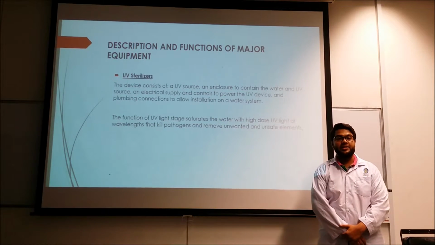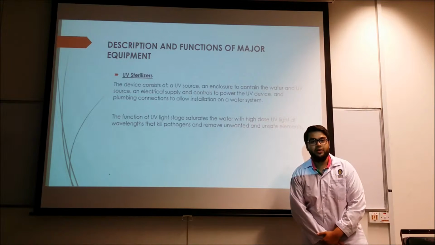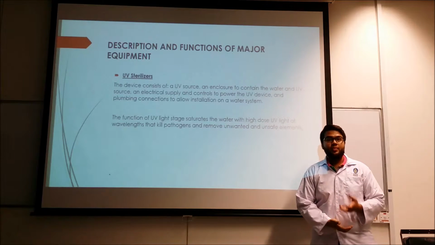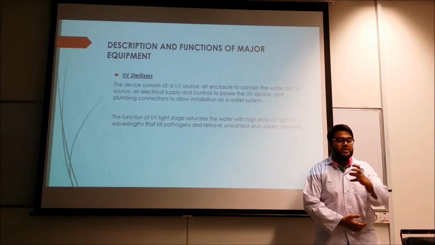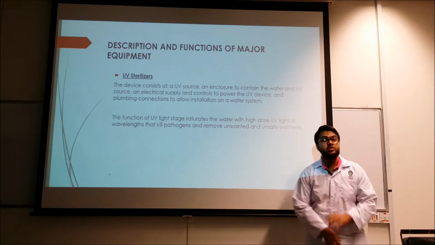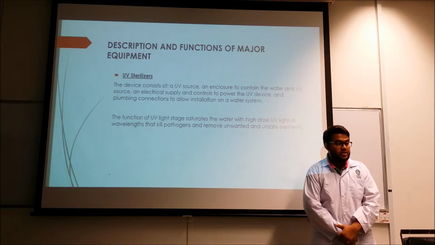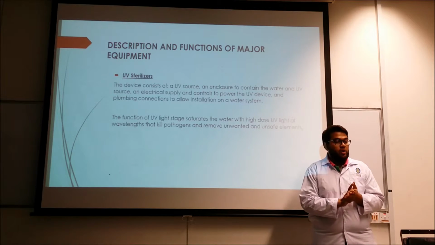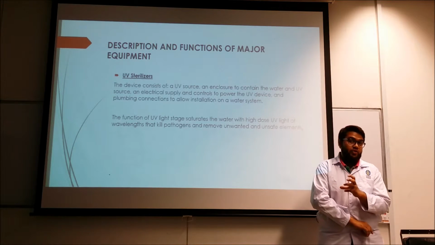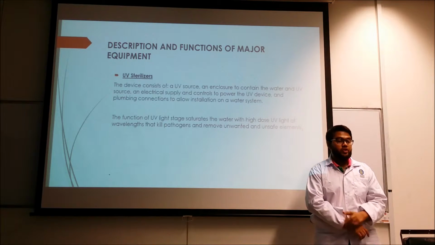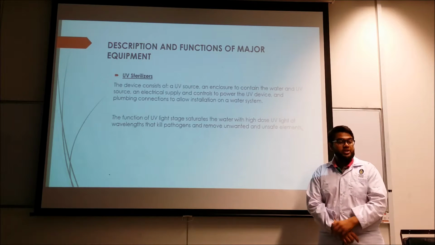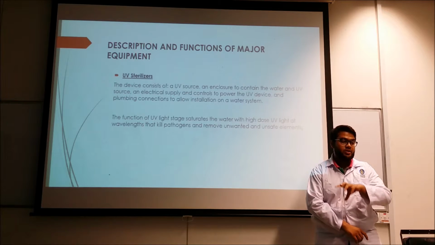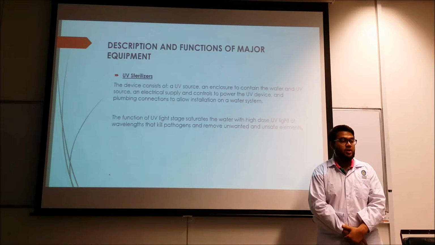Another is the UV sterilizer. You know from the word sterilizer what it does. A UV sterilizer is a device. It consists of a UV source enclosed in a container of water, an electrical supply that controls the power of the UV device, and plumbing connections to allow the water through the installation system. What's the function?